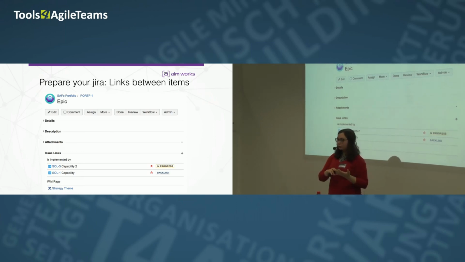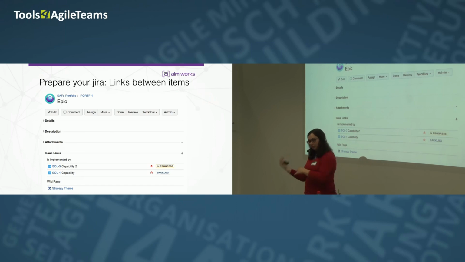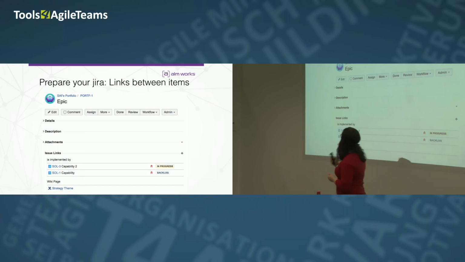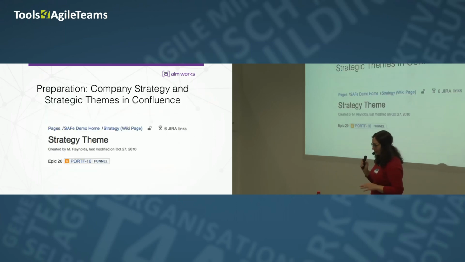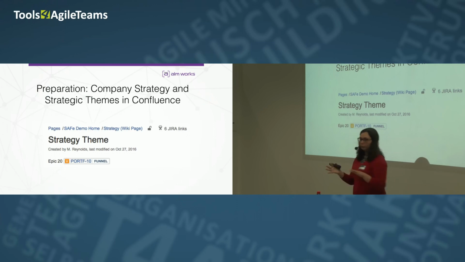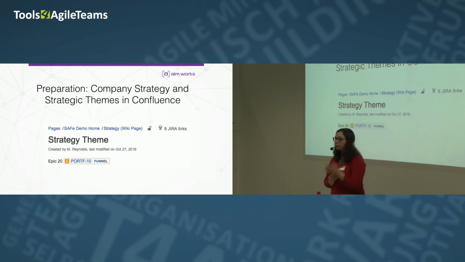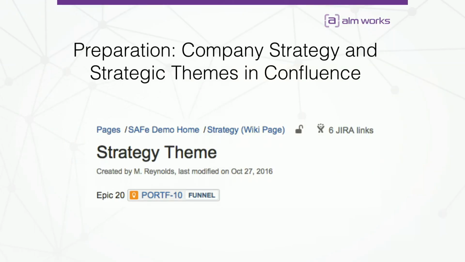Each capability should be implemented by several features, and each feature should be implemented by several stories, like that. So you can see all these links on the Jira issue page. And do some of you use Confluence for your documentation? It's a good place to define some documentation and strategy of your company.